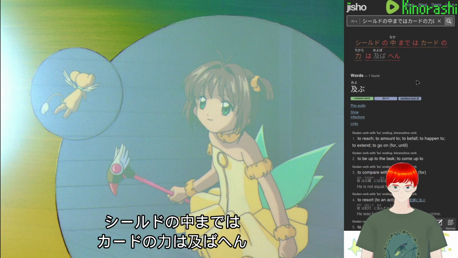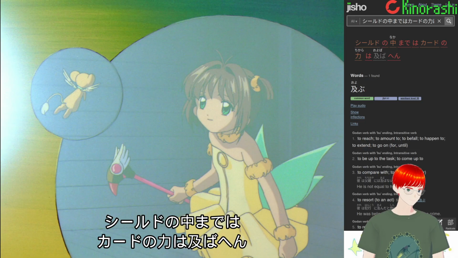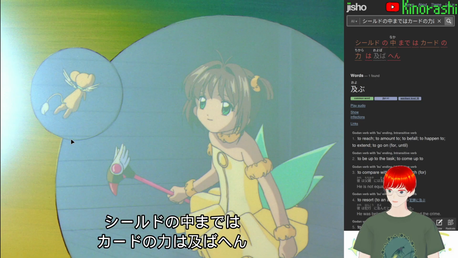So the card's power can't reach inside the shield. So shield no nakamade wa kaado no chikara wa, let's see, oyobahen.